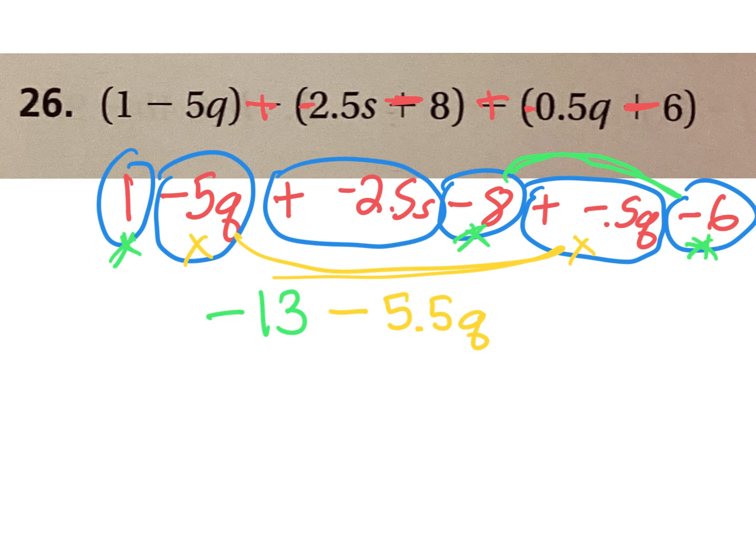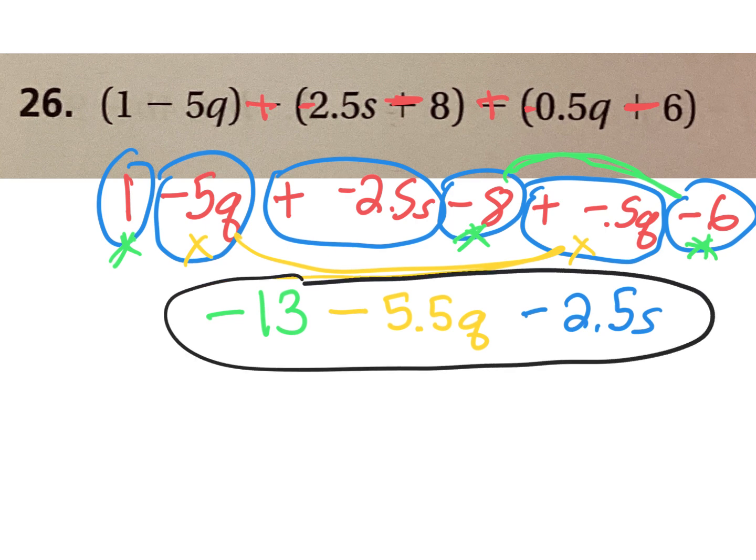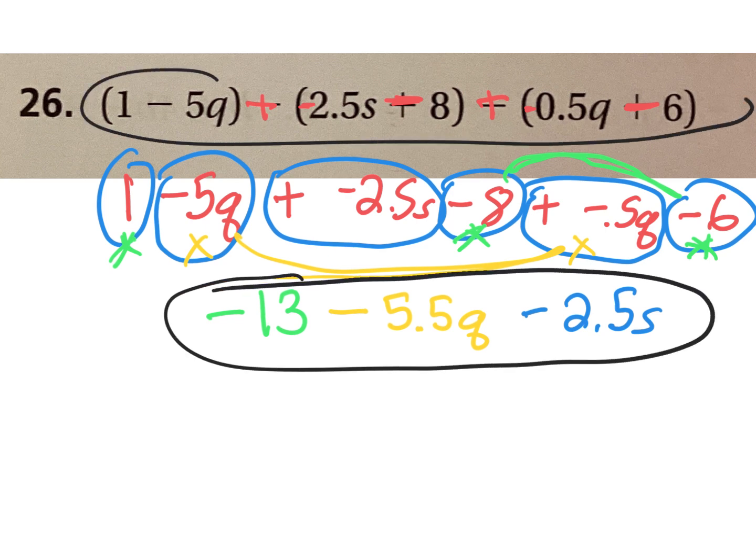So we just have this minus 2.5s. I could have done plus negative 2.5s, but it's also the same as just minus 2.5s. So this is this simplified. Okay? Much easier when you simplify it. But again, you get to the subtraction and you just want to add the opposite.